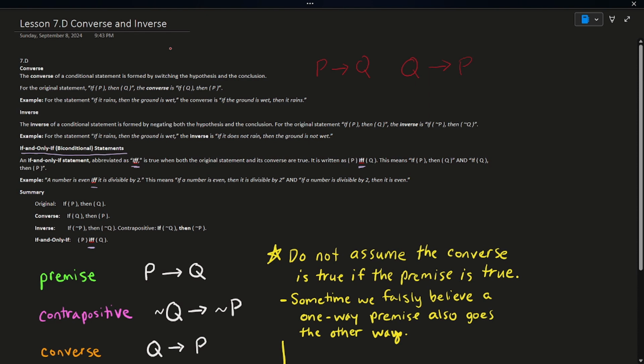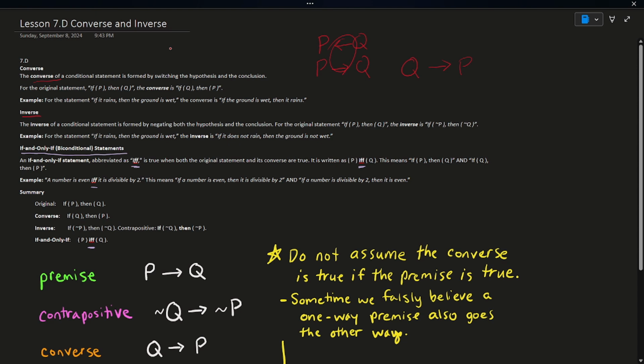Think of it as just going backwards. For the original statement, if P, then Q, the converse is going to be if Q, then P. Here's an example. If it rains, then the ground is wet. The converse: if the ground is wet, then it rained.